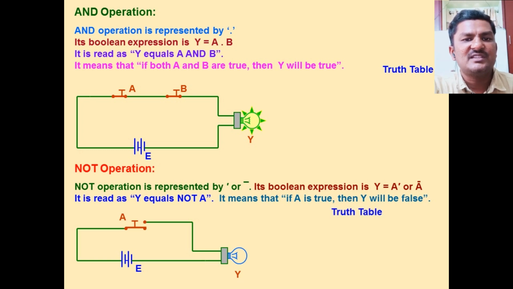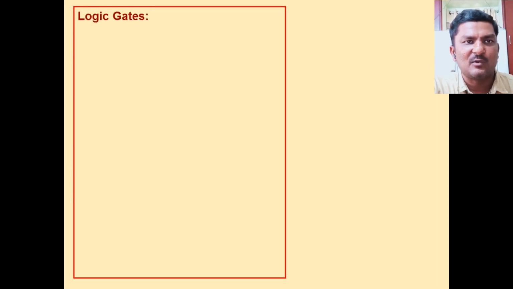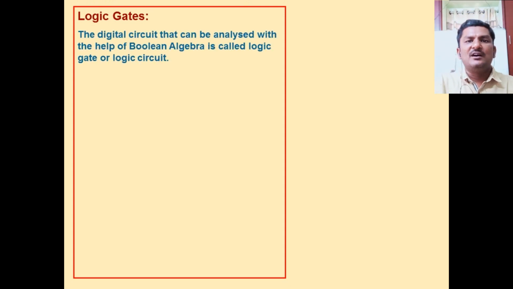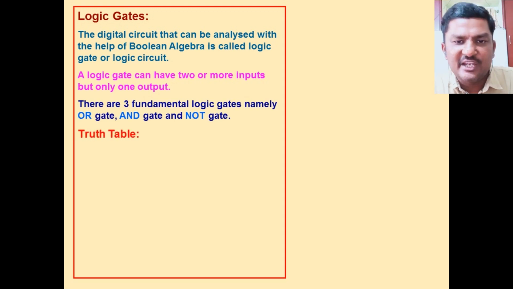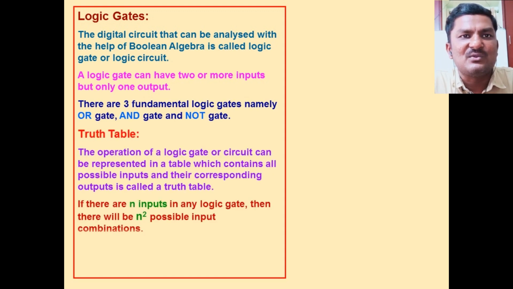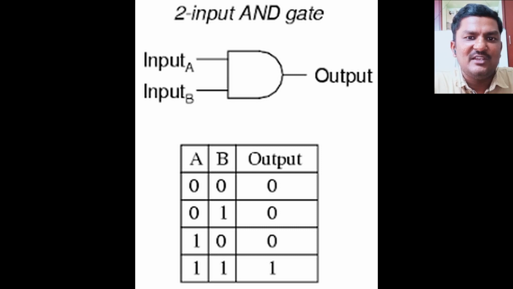In case 1, if both the switches are open, there is no flow of electric current to the bulb, so bulb is in off state. So if A equal to 0, B equal to 0, Y value is also 0.